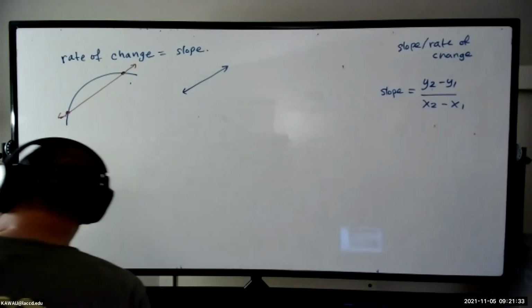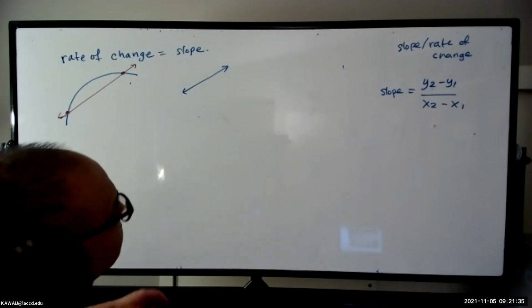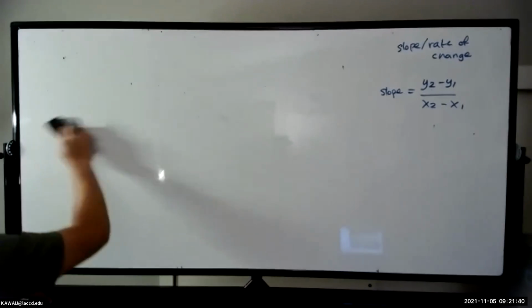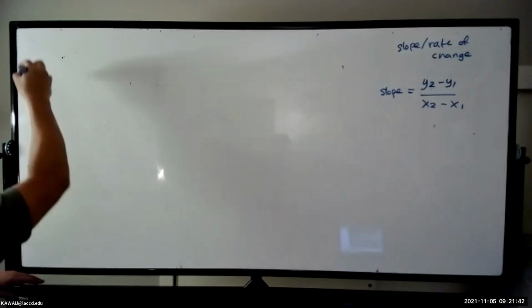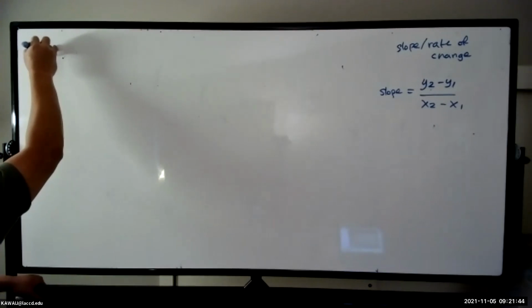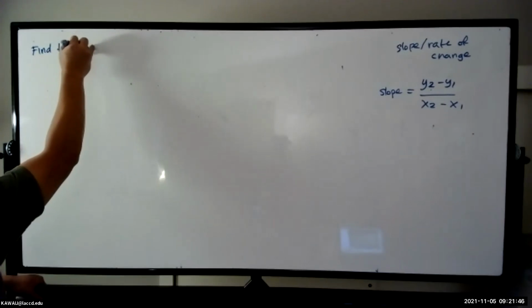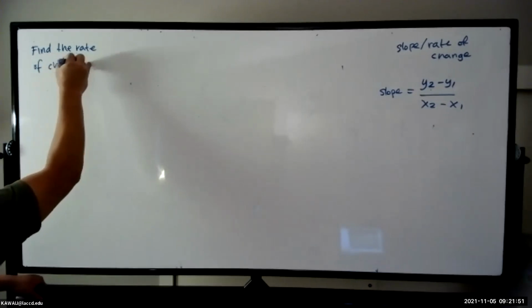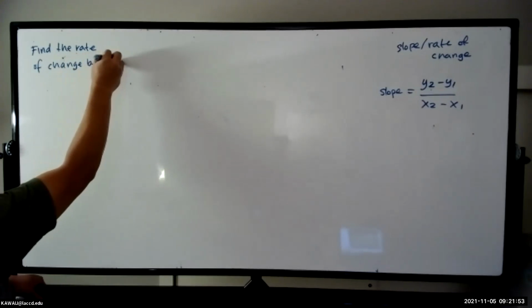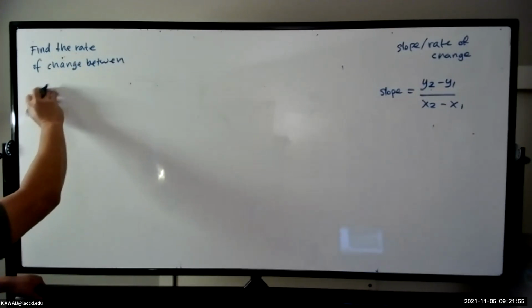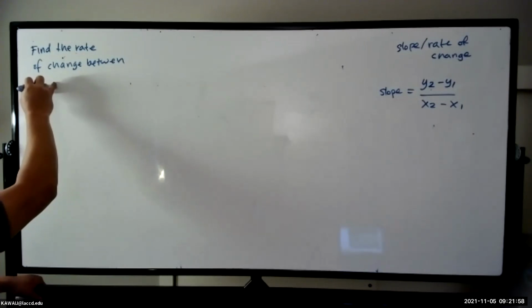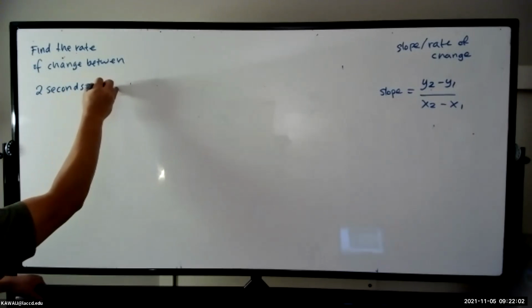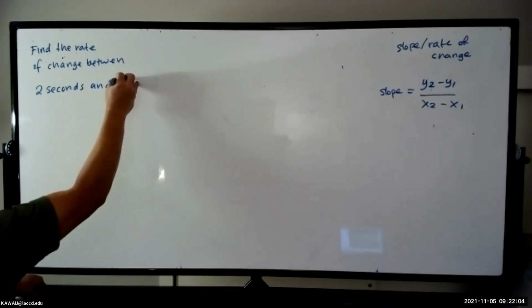So if I asked you a question off of a table, find the rate of change between 2 seconds and 4 seconds.